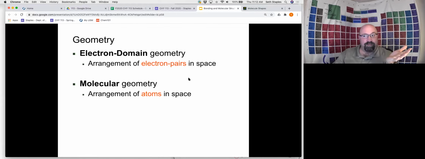And so we've talked about this a little bit already, that the electron domain geometry is the arrangement of all of the electron pairs, whereas the molecular geometry is the arrangement of the atoms.